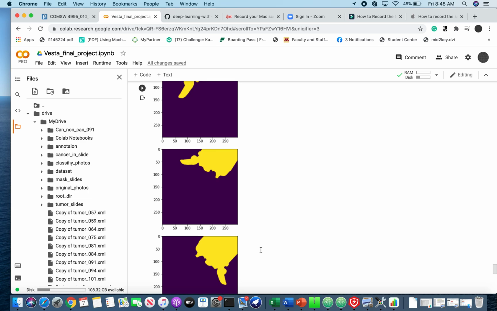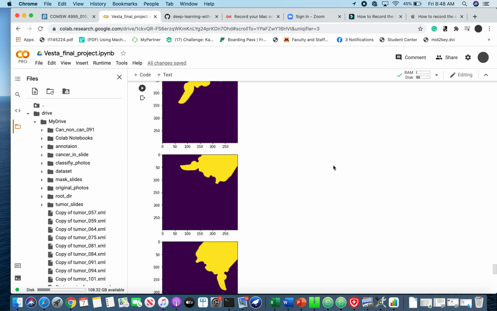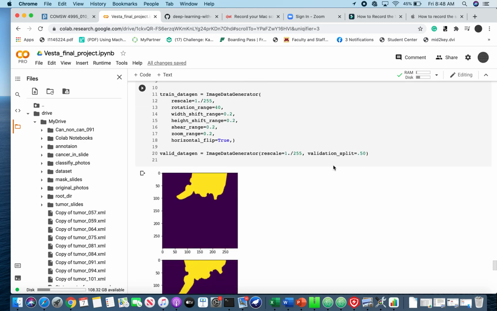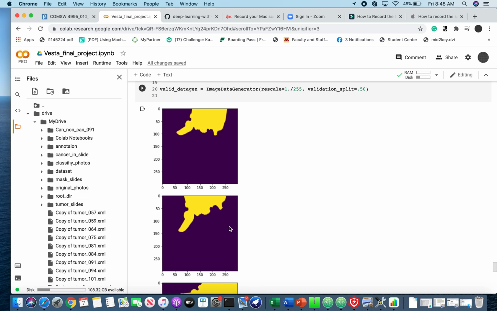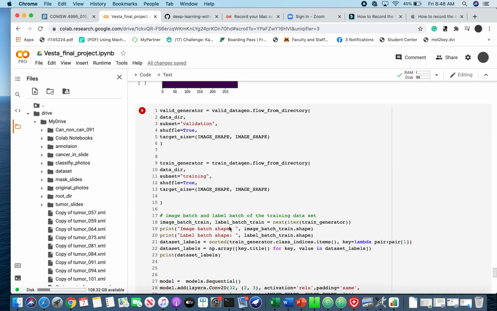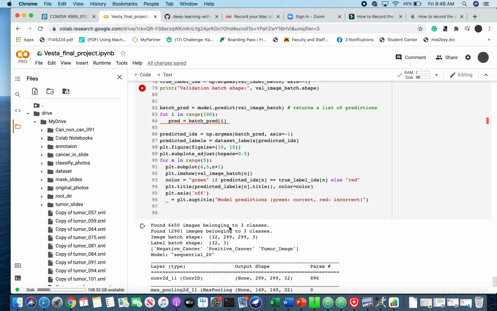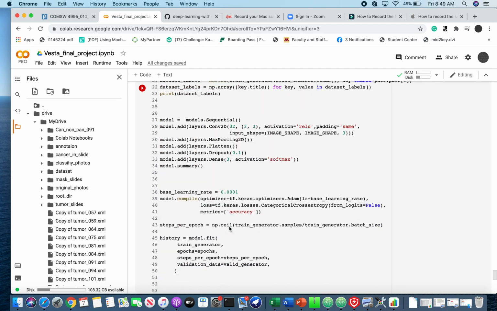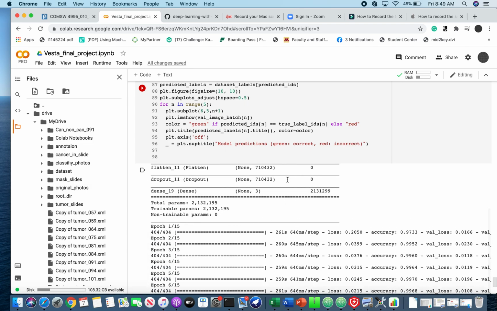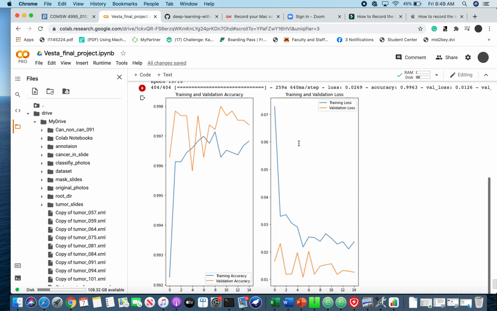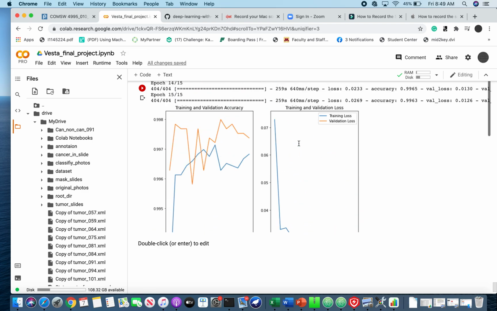And I tried another method where I tried to augment the mask. I also did this, but it was so long. It took hours to complete, and once I was done with it, I had issues.